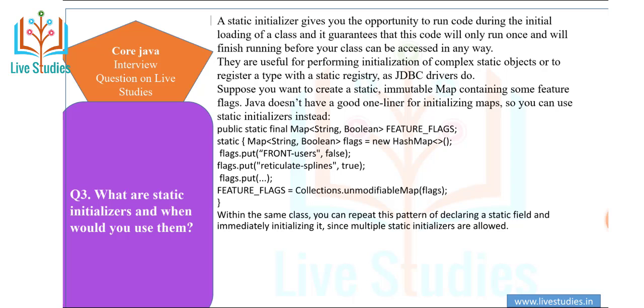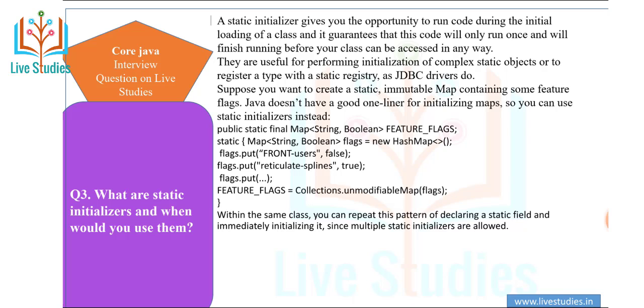They are useful for performing initialization of complex static objects or to register a type with a static registry, as JDBC drivers do. Suppose you want to create a static immutable map containing some feature flags. Java does not have a good one-liner for initializing a map, so you can use a static initializer.